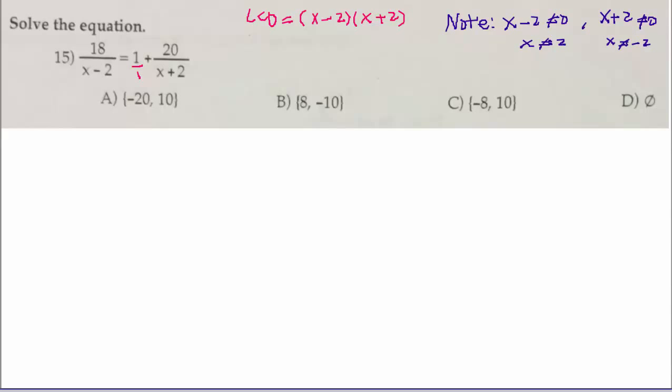So if I multiply each term by LCD, I can write down x minus 2 times x plus 2. I can write it over 1, make it look like a fraction, and multiply that with the first term.